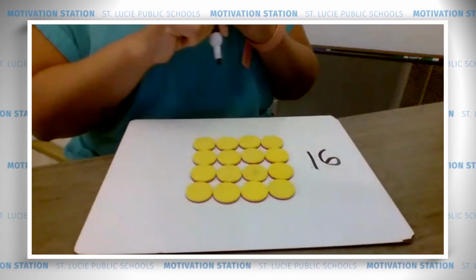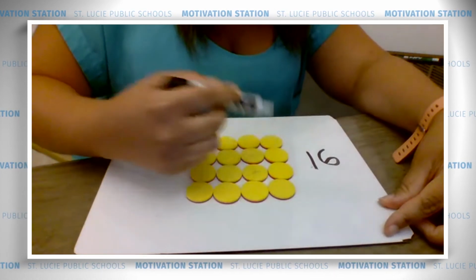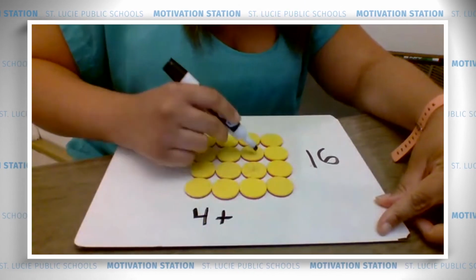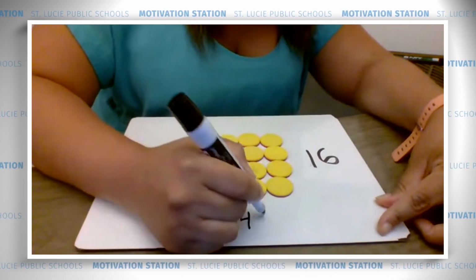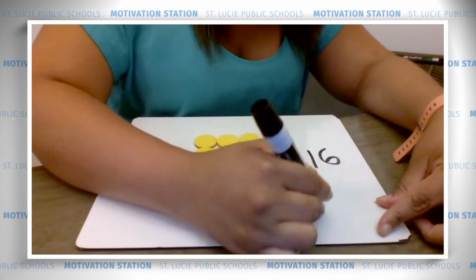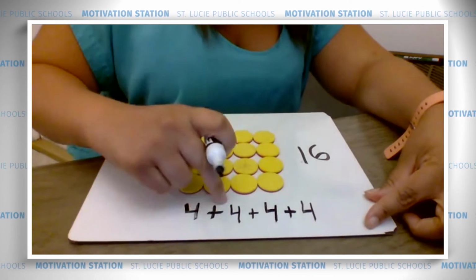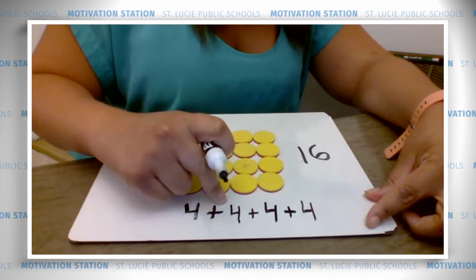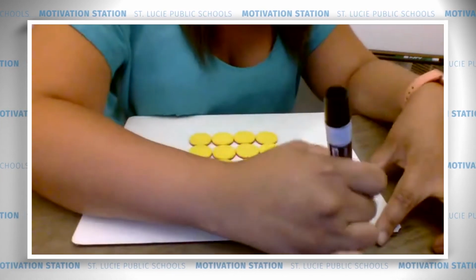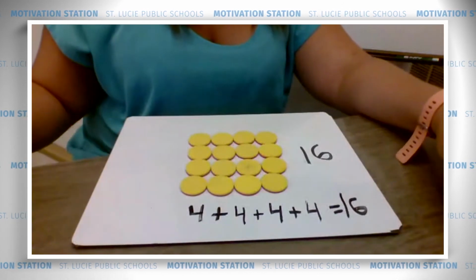This was a little bit of a larger number, so we could add 4 plus 4 plus 4 plus 4. And if I add 4 plus 4, I get 8. And 4 plus 4 is 8. And 8 plus 8 makes 16.